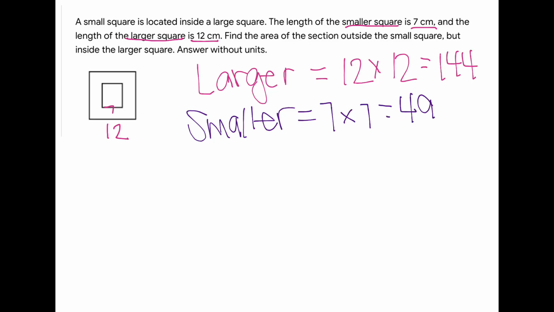We only want the area of the section outside the small square. Okay, so you need to take 144 minus 49 to get the area of the section outside the small square, but inside the large square.